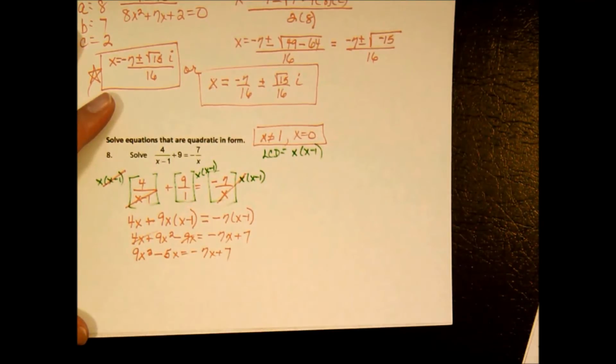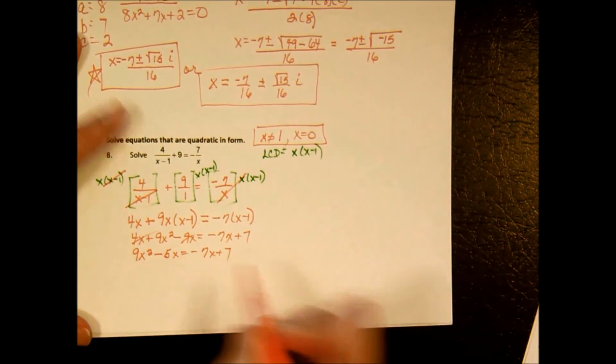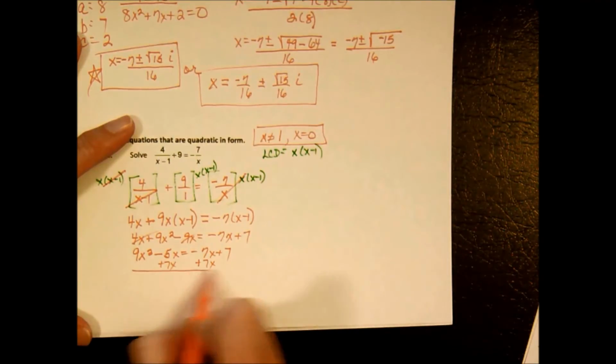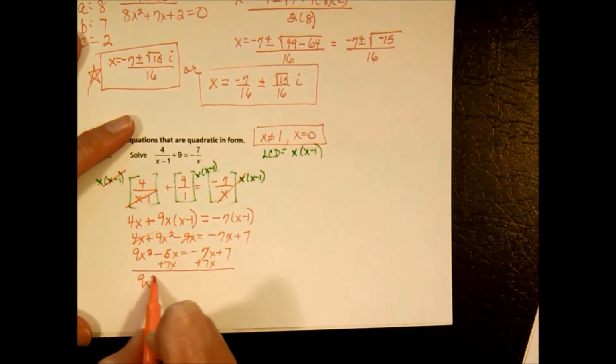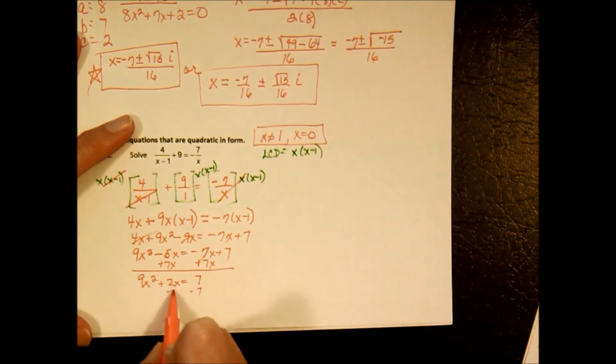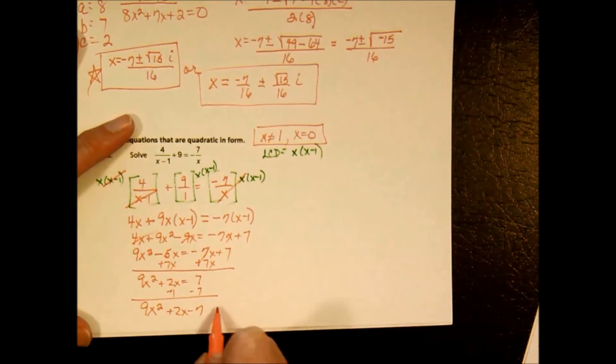This is quadratic, so I need to get everything on one side equal to 0. So I'm going to add a 7x and subtract a 7, so 9x squared plus 2x minus 7 equals 0.